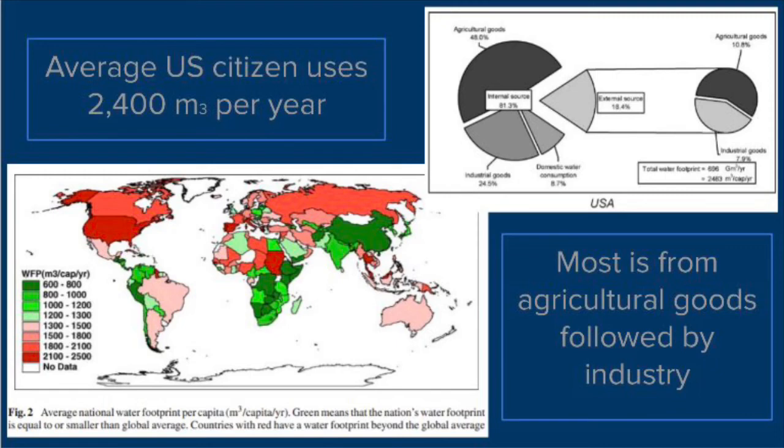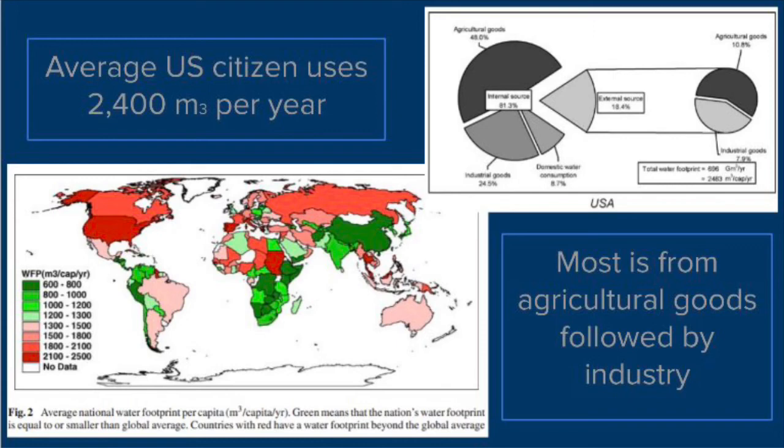And so the first one is about the average national water footprint per capita. So the green colors are they use less water, and then the darker red is using a lot of water. So as you can see, the U.S. has one of the highest water consumptions in the world. And so the average U.S. citizen uses 2,400 cubic meters of water per capita, according to this journal.